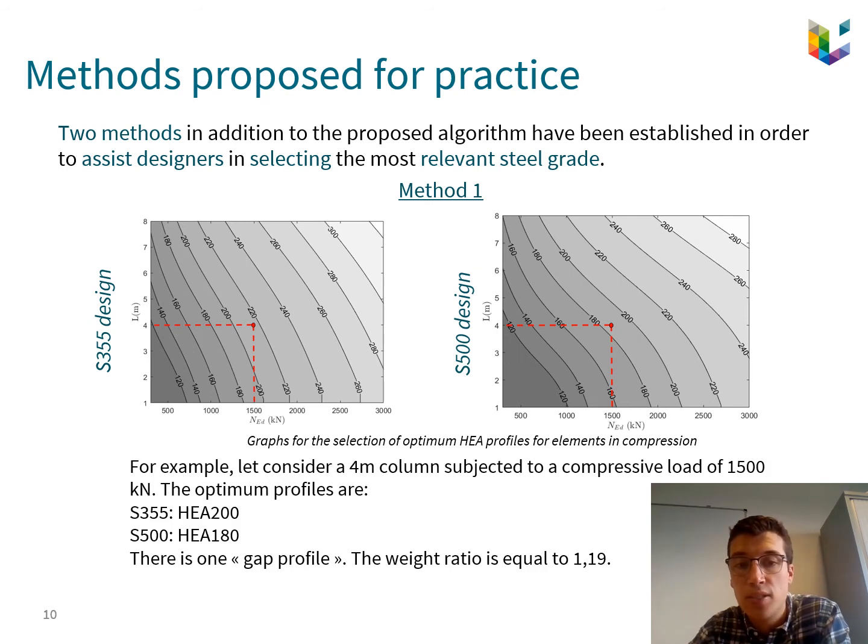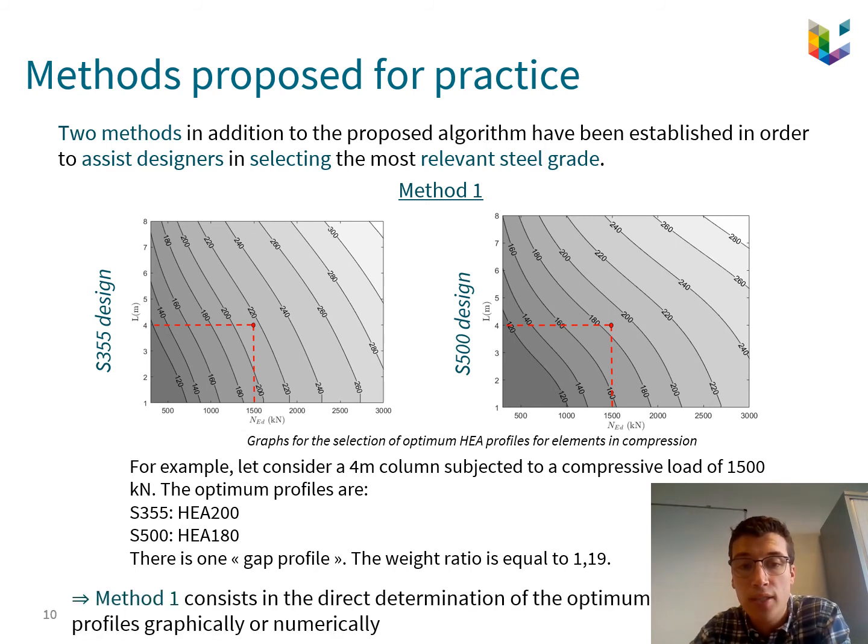For example, if we consider a 4-meter column subjected to a compressive load of 1,500 kilonewtons, the optimum profiles are HEA 200 and HEA 180 for both steel grades. So there is one gap profile and the weight ratio is equal to 1.19, which has to be bigger than the relative cost of the S500 steel grade in order to present an interest in using this particular grade.